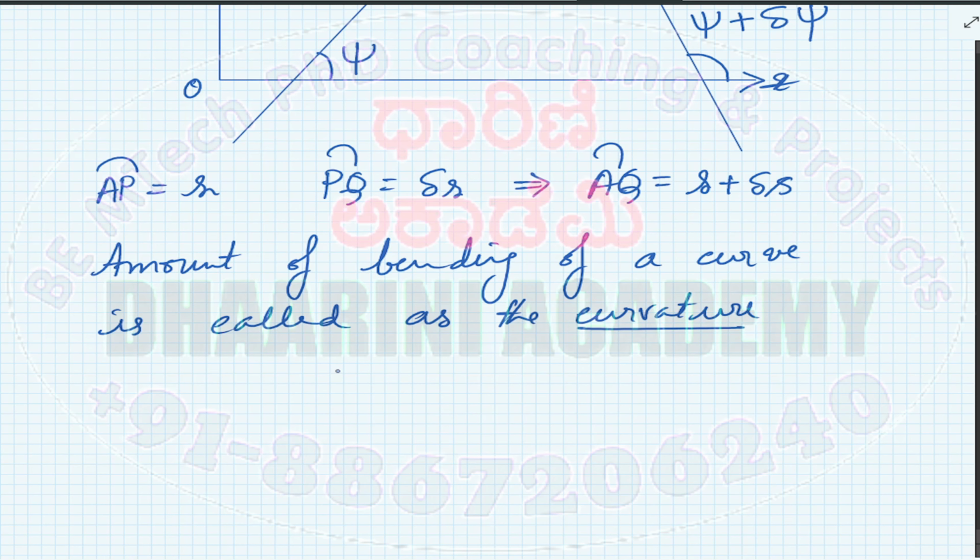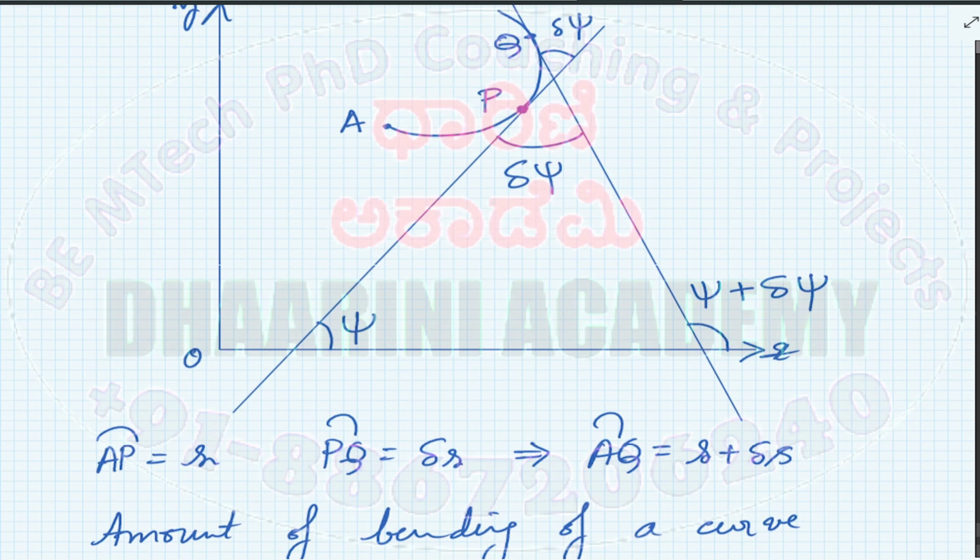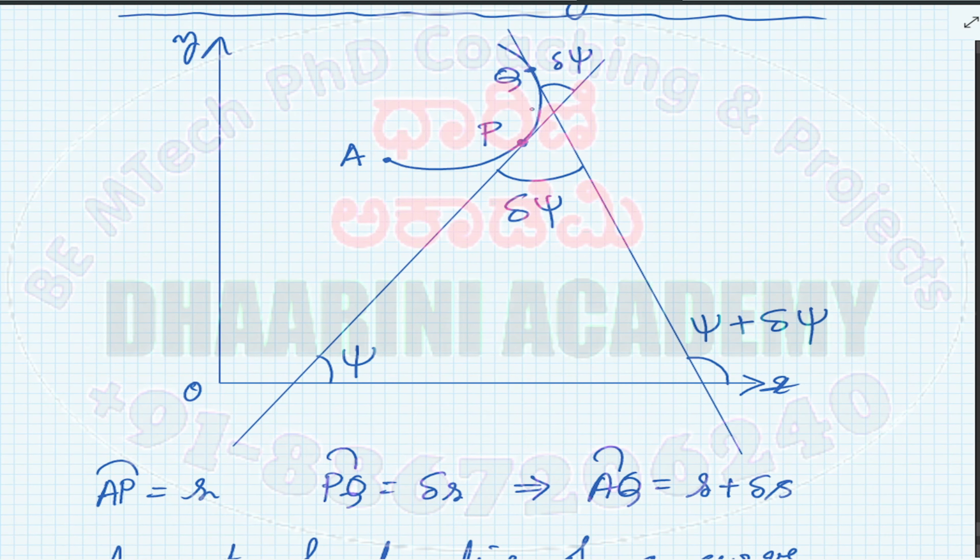Curvature is denoted by K, that is equal to the limit as delta S tends to 0. You see delta S should be as small as possible. What do you mean by delta S being as small as possible? The point Q is going as close to P as possible. Refer to the diagram. If Q comes closer and closer to P, you see that PQ, which is delta S, is going to be 0.